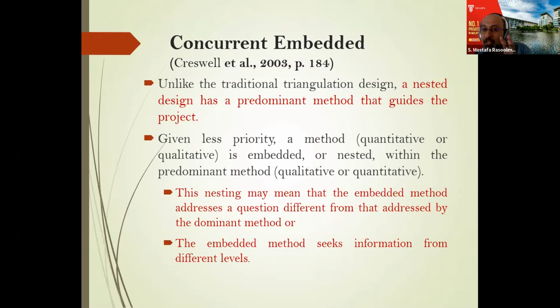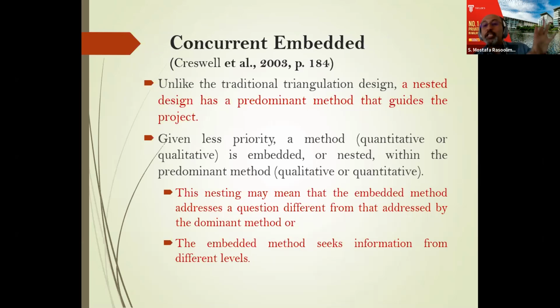But still, we need to collect data on the socio-economic characteristics of respondents, the demographic characteristics of respondents, right? So we still collect quantitative data in addition to qualitative data.